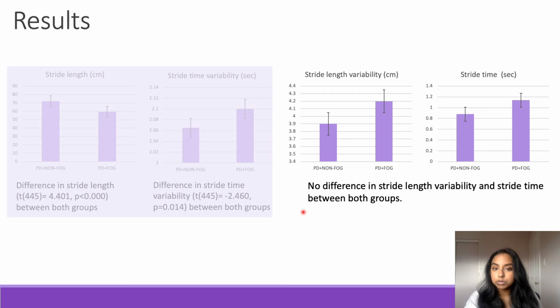Next, we found no difference in stride length variability and stride time between both groups. However, we do see that the freezers do experience increased stride length variability and increased stride time variability in both groups, even though it's not significant.